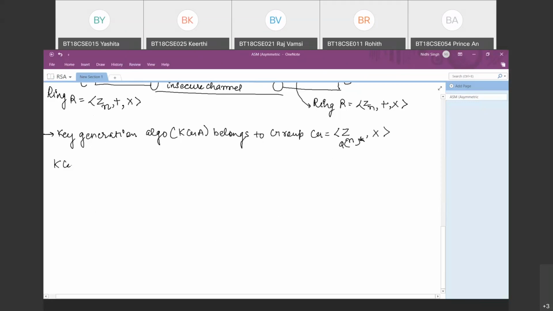So what is my key generation algorithm of RSA? There are certain steps of the key generation algorithm. First, we have to select two large prime numbers.